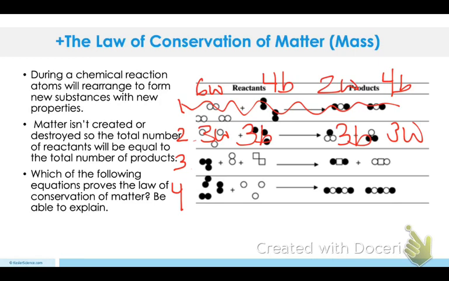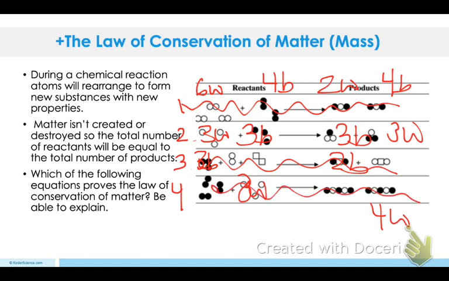Going on to the next one, there are 3 black and only 2 black, so we know that one doesn't work. And for the last one, you have 3 white and 4 white, so you know this one doesn't work. So the correct balanced equation is the second one.